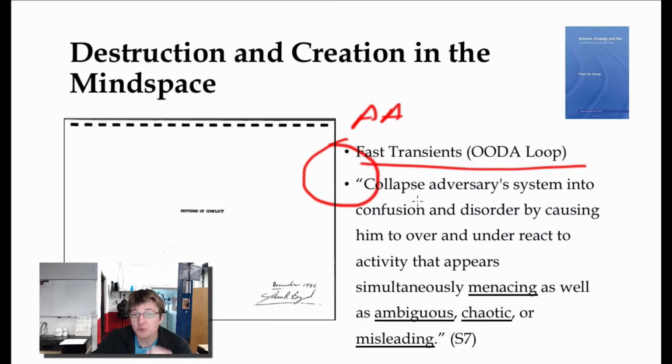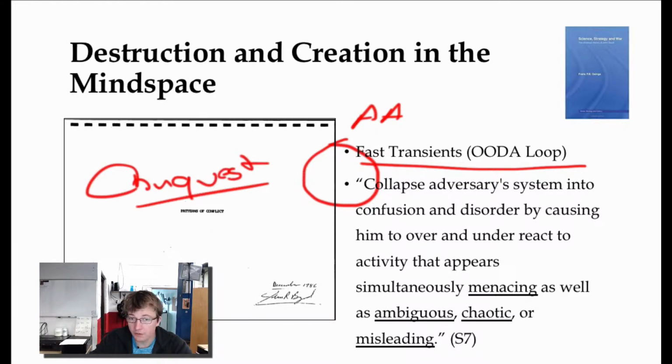And as Boyd is addressing conquest, military victory, this is where his notions of collapsing an adversary's system into confusion and disorder come into play.